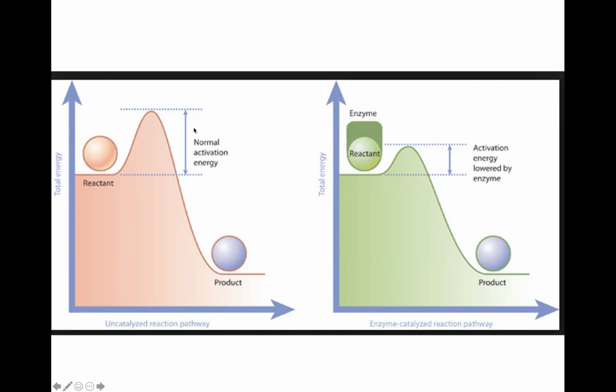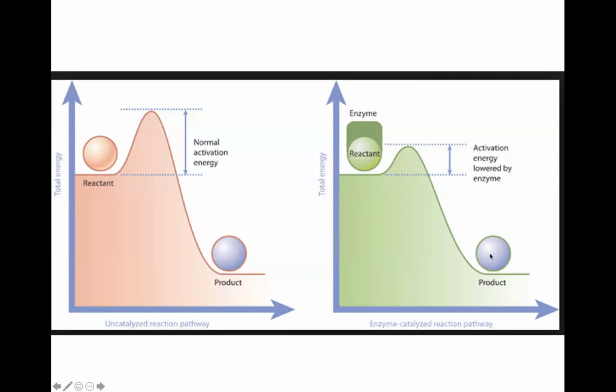There's a normal amount of activation energy required to catalyze this reaction, where we're going from reactant to a product. We see how much energy is going to be necessary for this reaction to take place in this uncatalyzed reaction. No enzyme present.